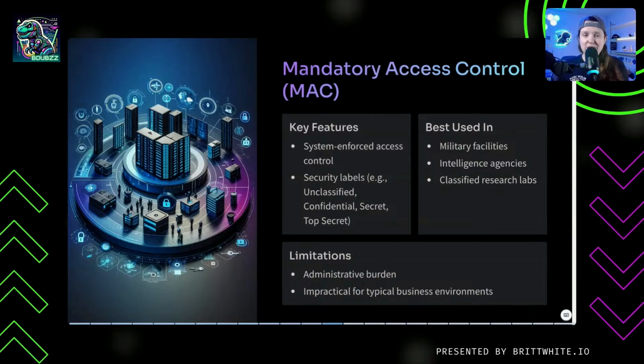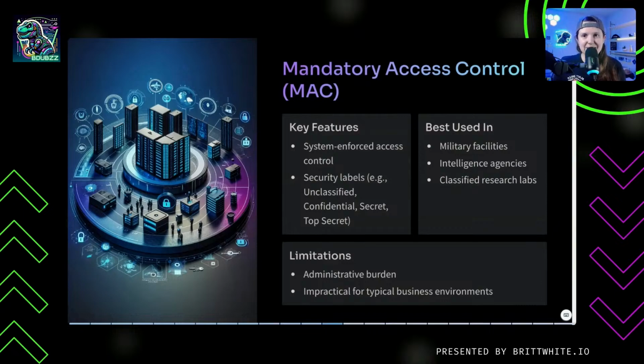MAC relies on security labels, such as unclassified, confidential, secret, and top secret, to control access. Every asset receives a classification level, and every user gets a clearance level. Access is only granted when these levels match. If they don't match, then no access is granted. For example, an employee with confidential clearance cannot access secret documents.